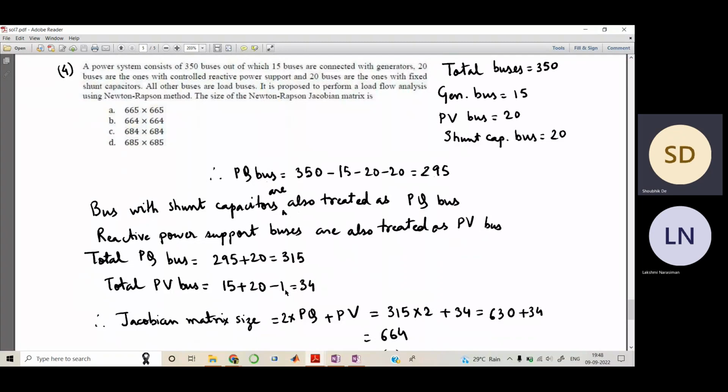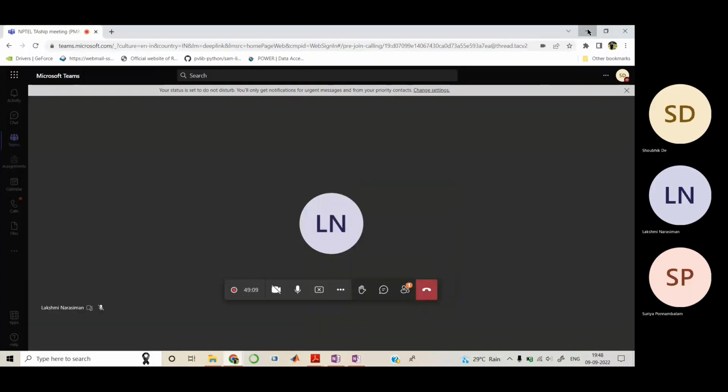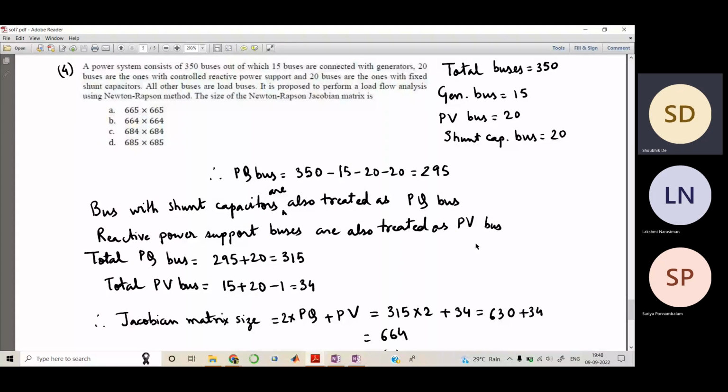We know there is always a bus considered as the reference bus or slack bus, and we need to subtract this because it is a reference bus and we do not take it into the calculation.